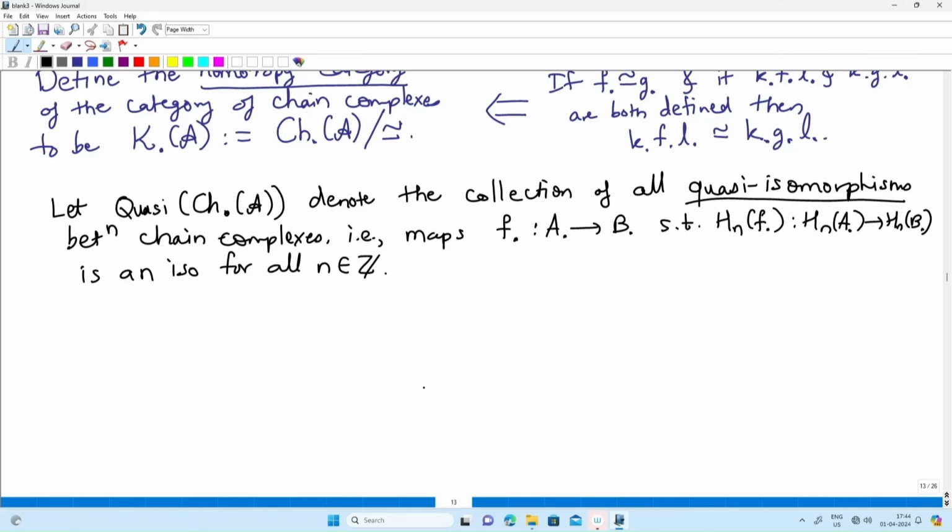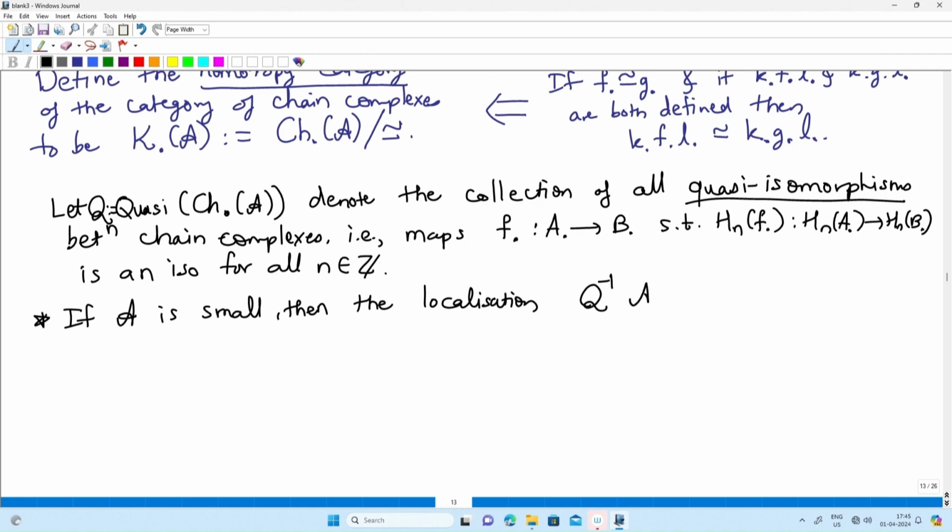So if A is small, then define the localization, let me call this Q, then the localization Q inverse A is well defined.